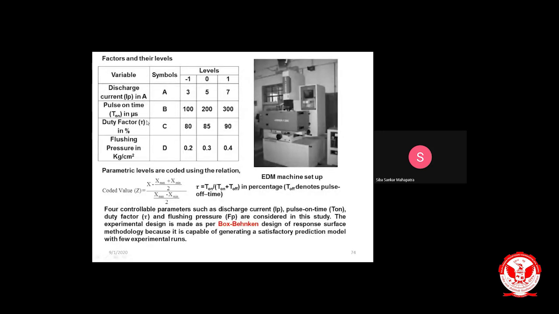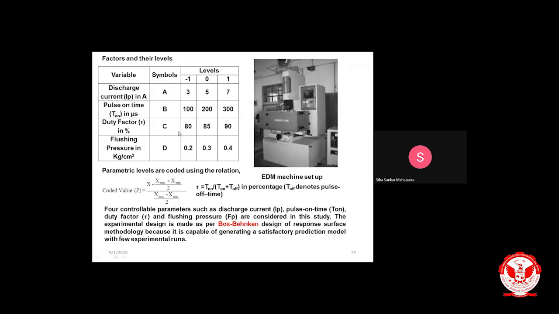Four variables are considered. The first is the discharge current, which can be at different levels: 3, 5, and 7. Then pulse on time, then duty factor. Duty factor is nothing but the pulse on time divided by the pulse on time plus pulse off time, the total cycle time, and the flushing pressure. All the variables are coded.